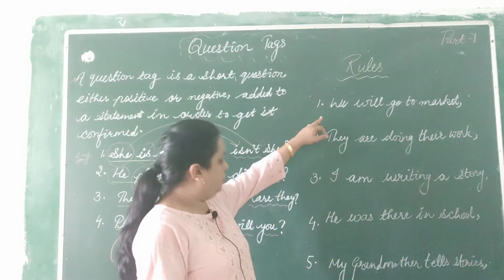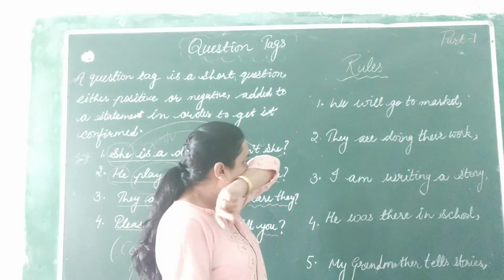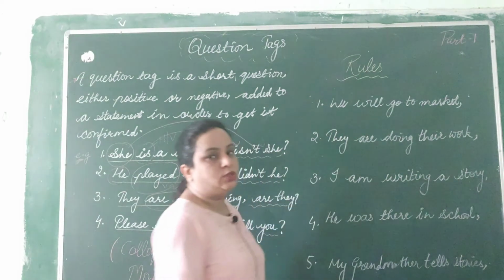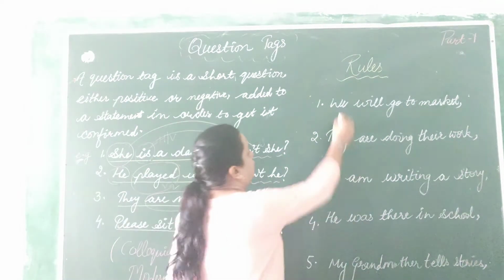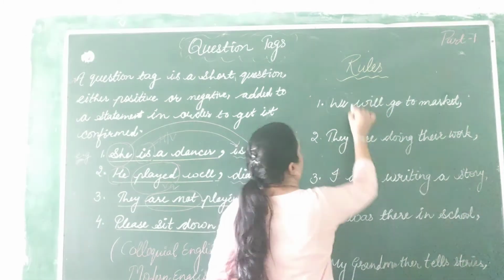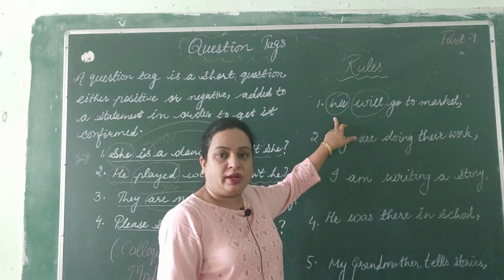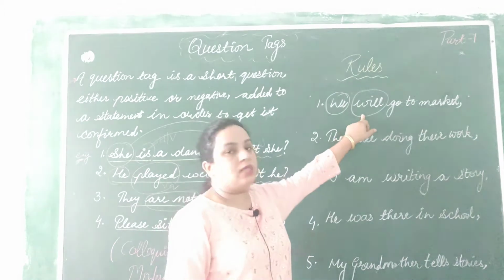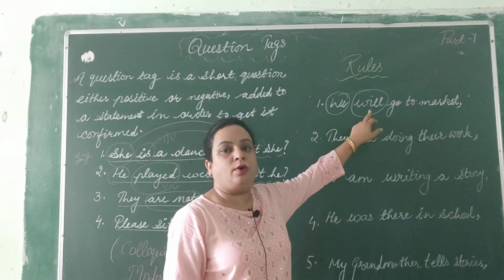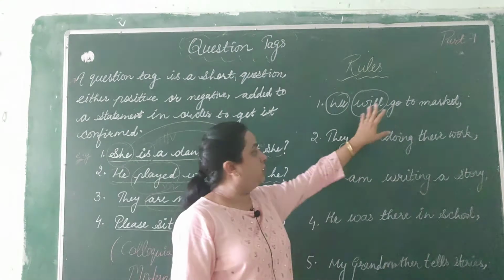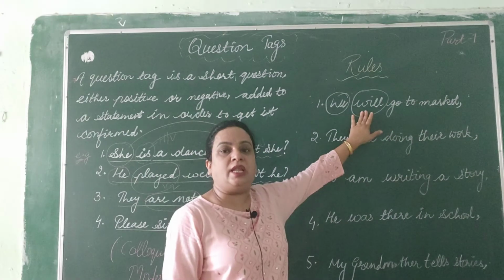So two things you have to see here: first is the subject and the second is the helping verb. The subject is "we", that is already a pronoun, and "will" is the helping verb, given in positive form, that is affirmative. So we are sure that we have to change this to negative.